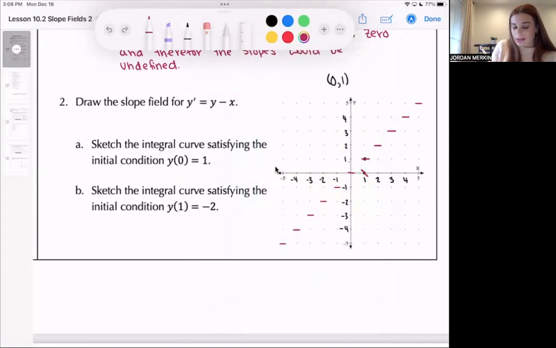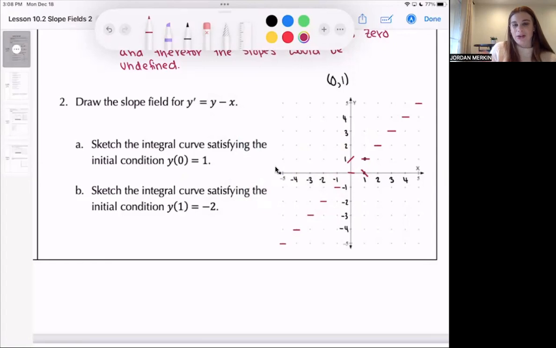Maybe it should be slightly steeper than that, something like that. Okay. Slope of 1. So go ahead, take a moment, fill in these. I'm going to fill in mine. I'm probably going to speed it up so it's not super, super monotonous.